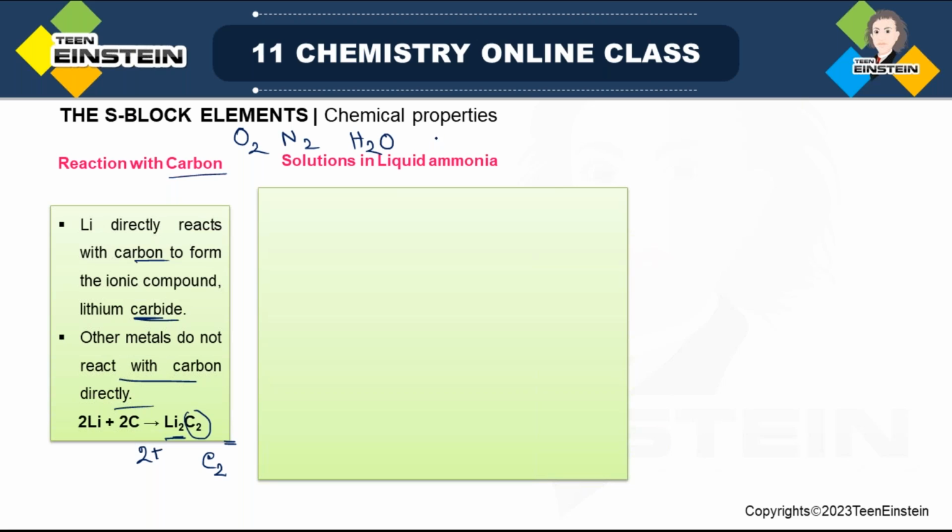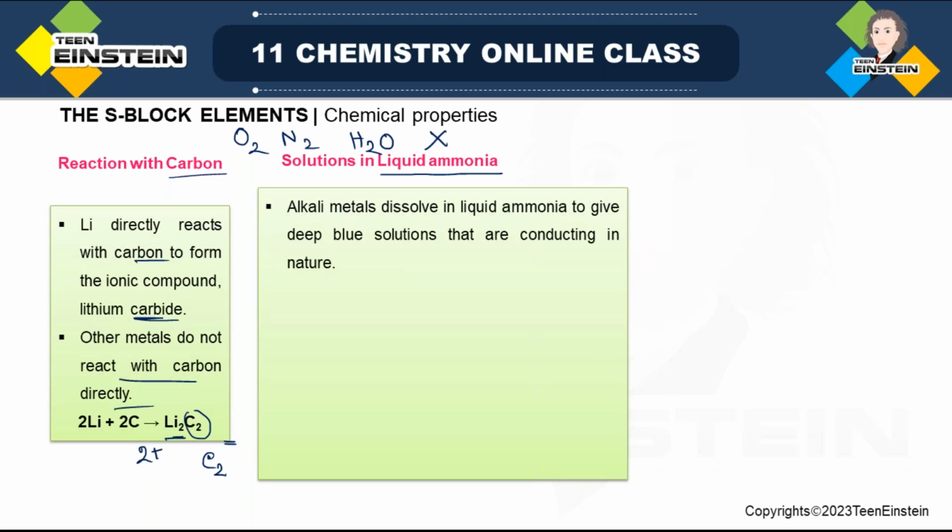So these are common, and halogens, X2. But you will hardly find how they react with ammonia, especially liquid ammonia. But now this reaction is very unique for alkali metals and also for alkaline earth metals. So here we will get some important information, some interesting behavior.